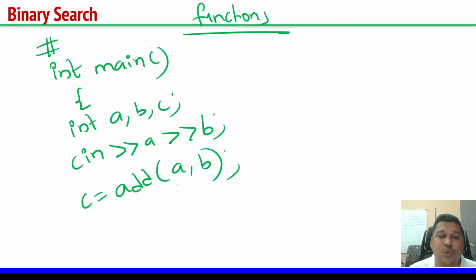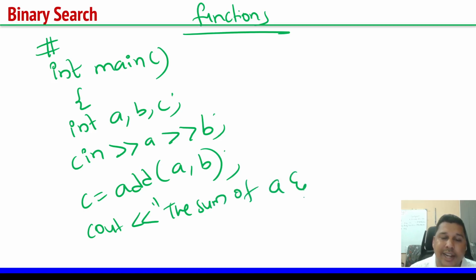You will be passing those values to the function, and next you will write cout, the sum of a and b is c, and return 0 with a semicolon.